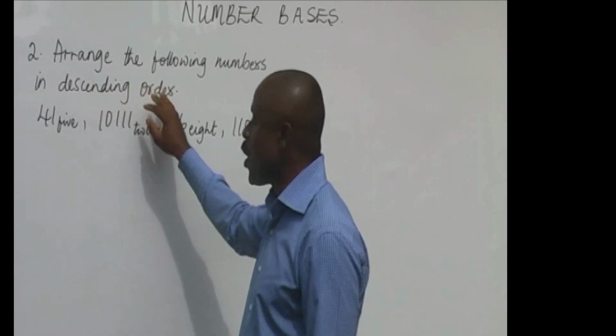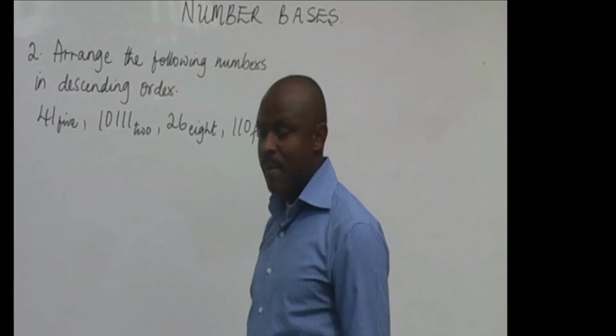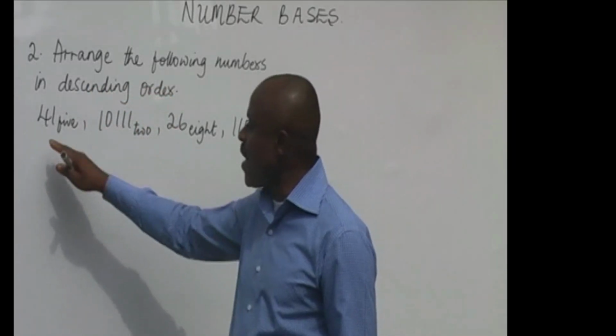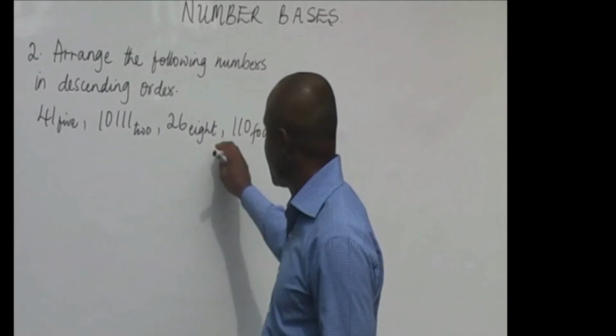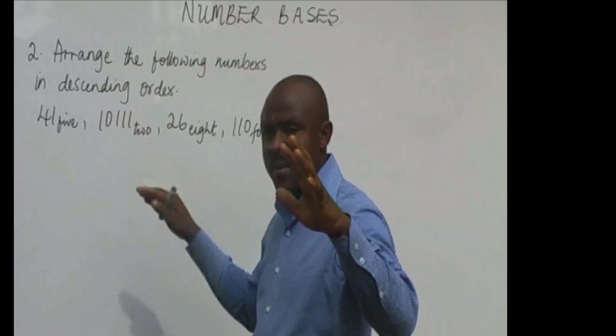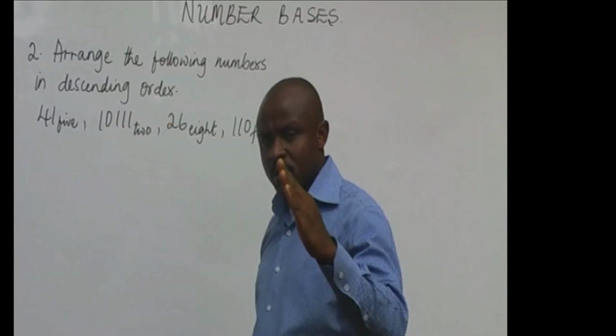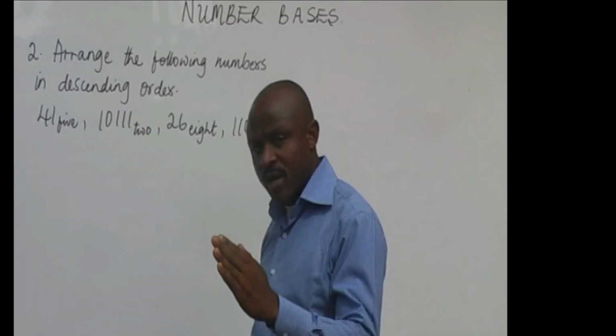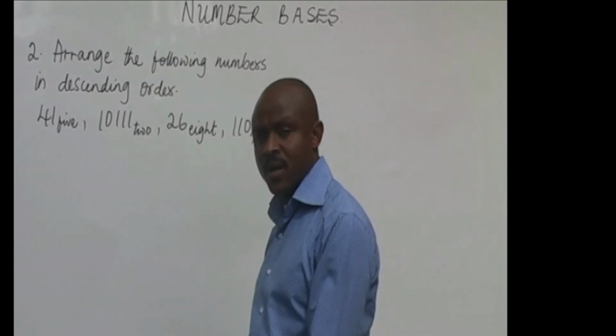In descending order. That means we have to know the values of all these numbers, then arrange them in descending order. Means the greatest first, followed by the next one, and the least one.